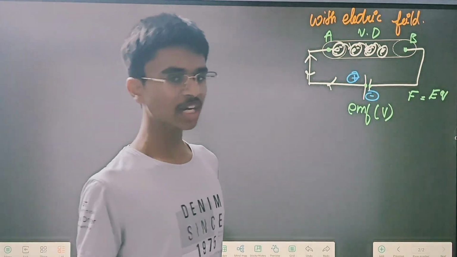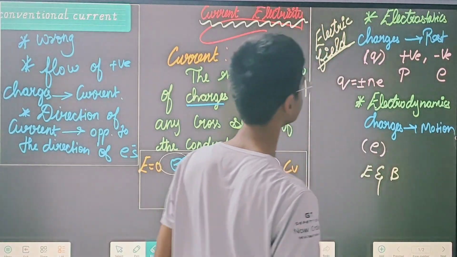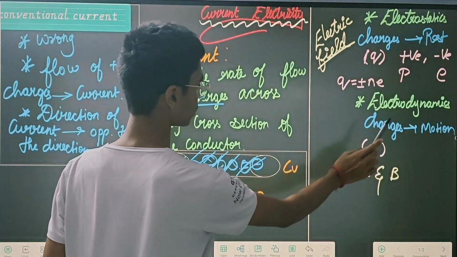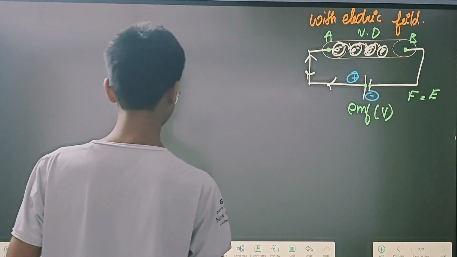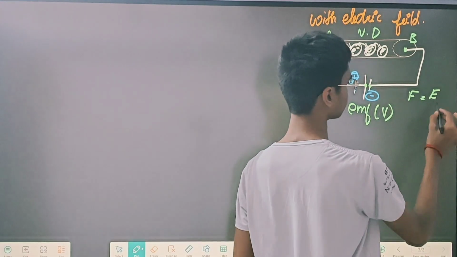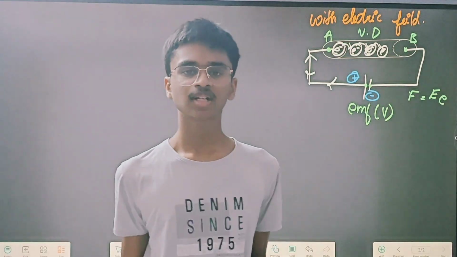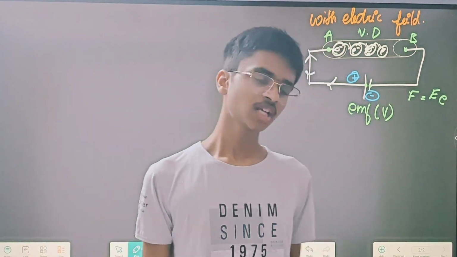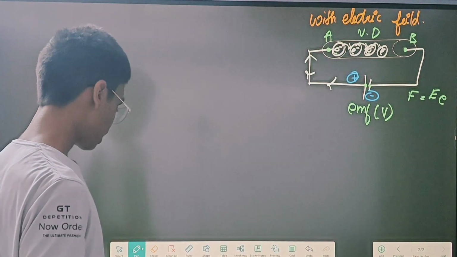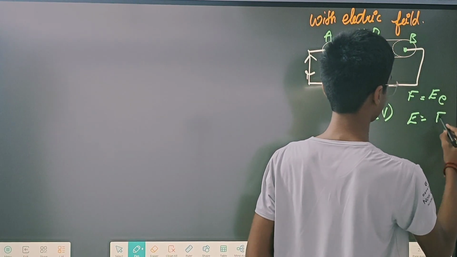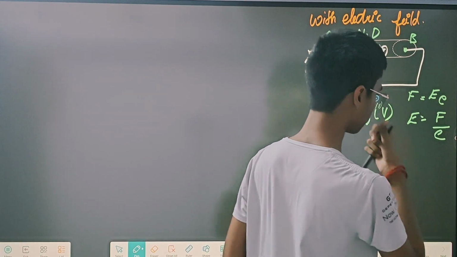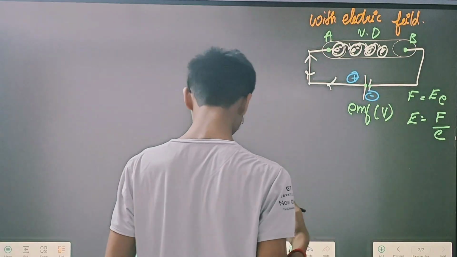Then what about in electrodynamics? I've already said, Q will be changed into E, this Q will be converted into E, but they mean the same thing. So that means E is equal to F by Q.